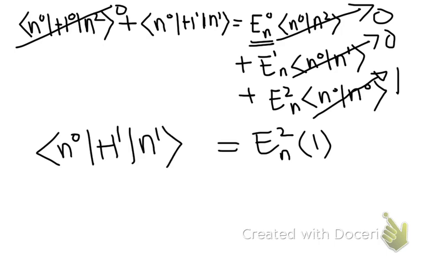This tells me that my energy eigenvalue correction to second order is equal to this thing over here, which is nothing but the expectation value of my H1 in N0 and N1, or the matrix element of my perturbed Hamiltonian.